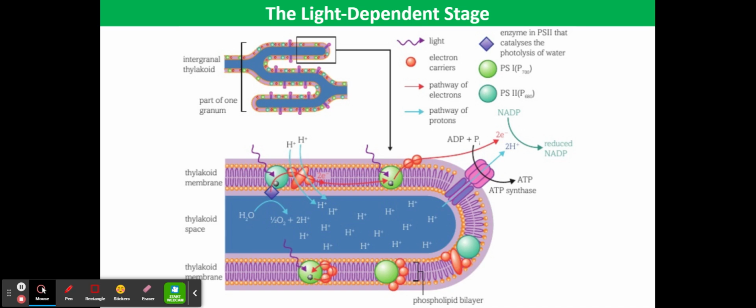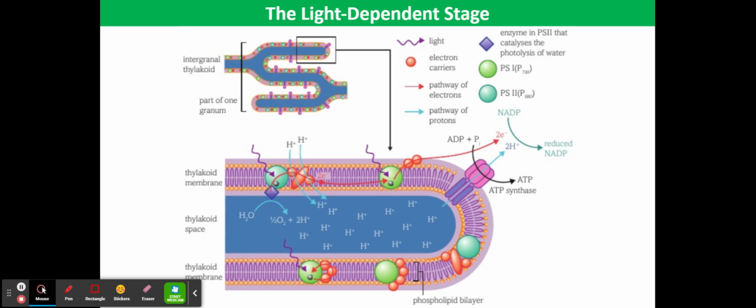And as they do so, the flow of protons causes ADP and inorganic phosphate to join to form ATP. As the protons pass through the channel, they are accepted, along with electrons, by NADP, which becomes reduced. The reduction of NADP is catalyzed by the enzyme NADP reductase.